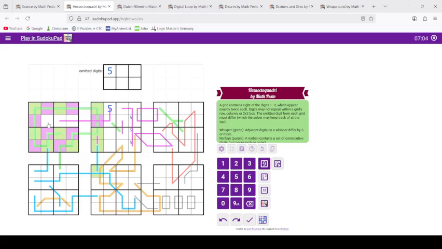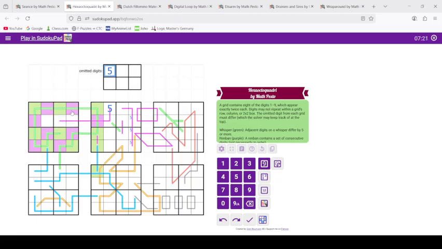We do know, though, that there has to be at least 1 green over here, because there are 2 more greens in this grid.